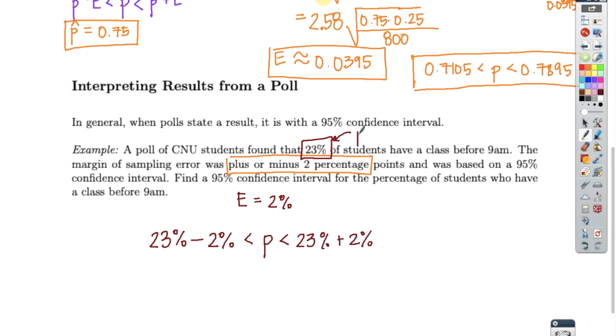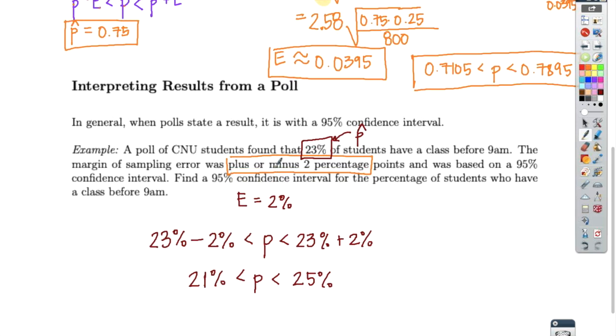Essentially, this is the P hat in our formula and this is the E. Plugging that into our confidence interval formula, I find 23% minus 2% is less than P is less than 23% plus 2%. In other words, 23 minus 2 is 21%, so P is between 21% and 25%.